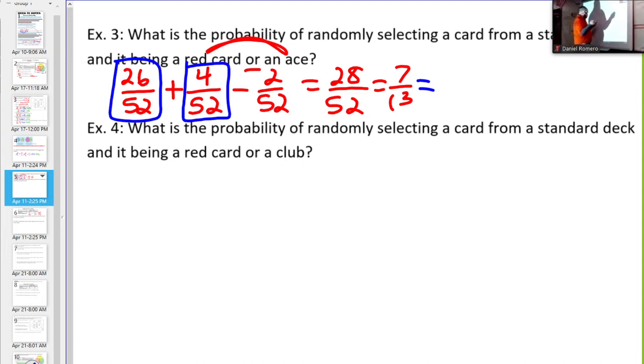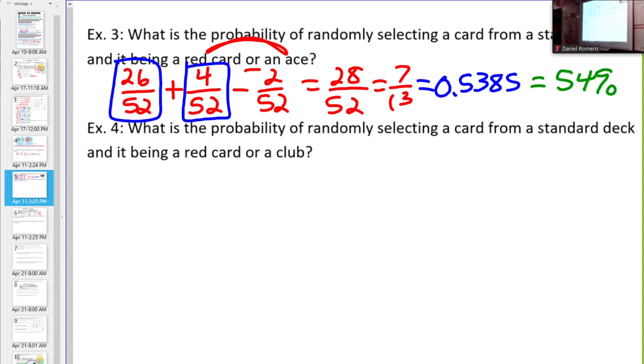I'm getting 0.5385. And as a percent, approximately 54.